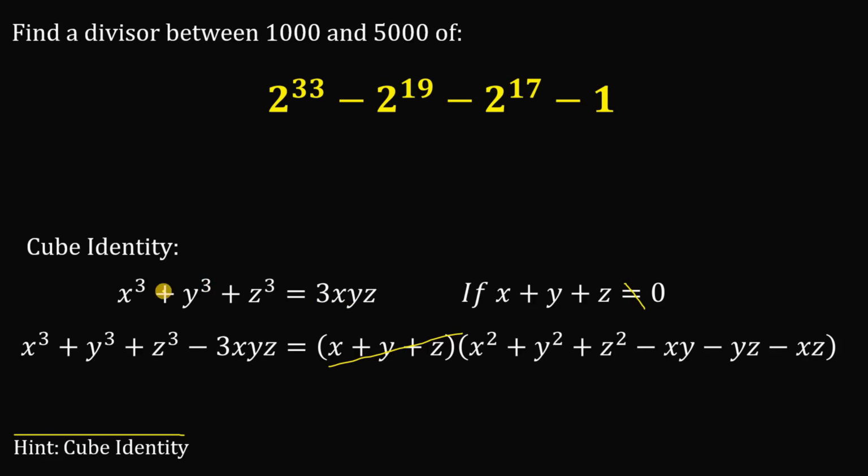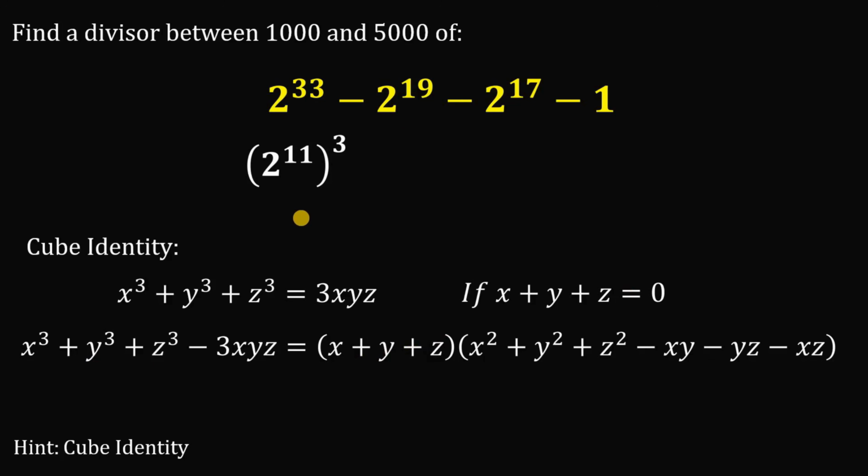In order to use this, take note that they are raised to the power of 3. Now, here comes 2 raised to the power of 33, because 33 is 3 times 11. So, using some laws of exponent, we can rewrite this as 2 raised to the power of 11 raised to the power of 3.